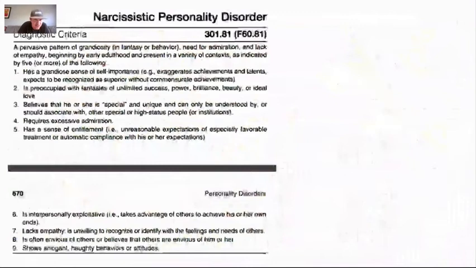Has a grandiose sense of self-importance, preoccupied with fantasies of unlimited success, power, brilliance, beauty, or ideal love. Believes that he or she is special and unique and can only be understood by, or should associate with, other special or high-status people. Requires excessive admiration, has a sense of entitlement, is interpersonally exploitative. He takes advantage of others, right?